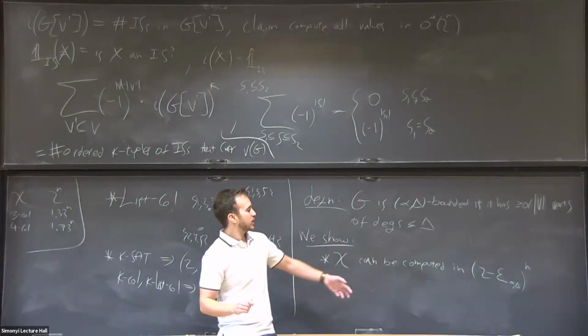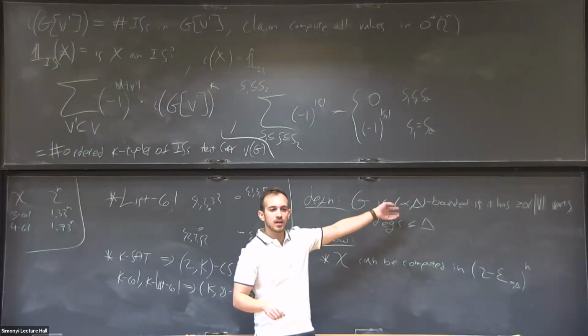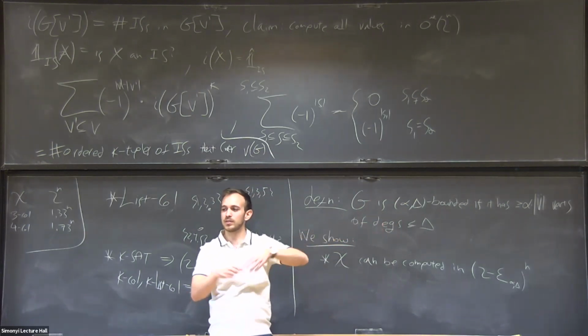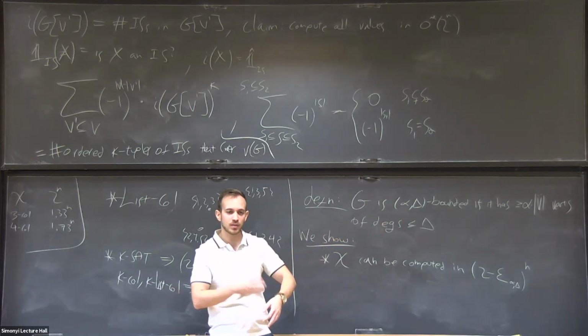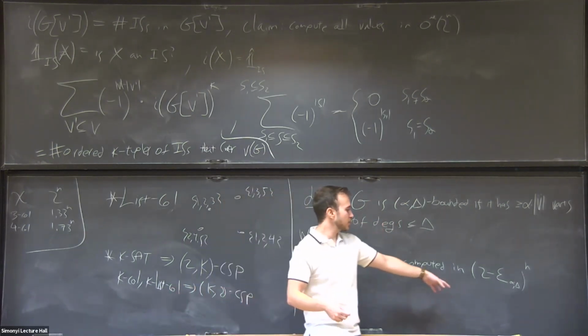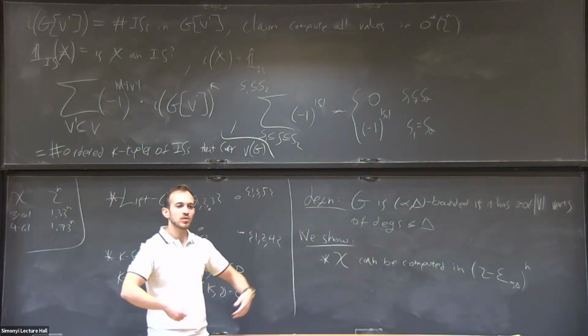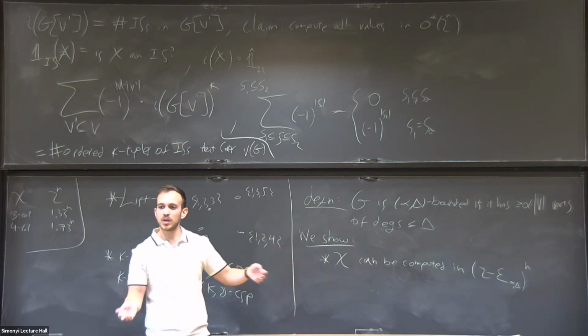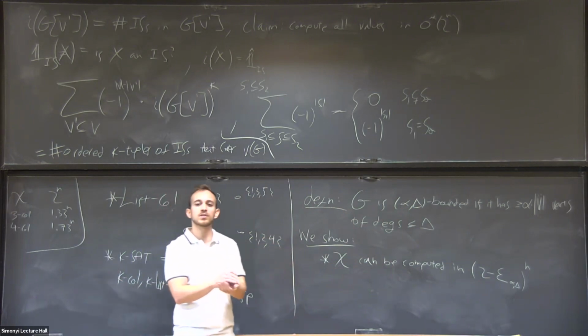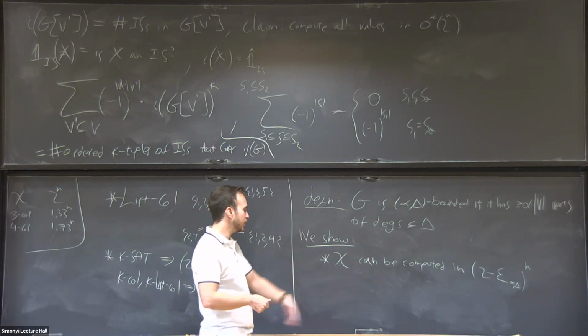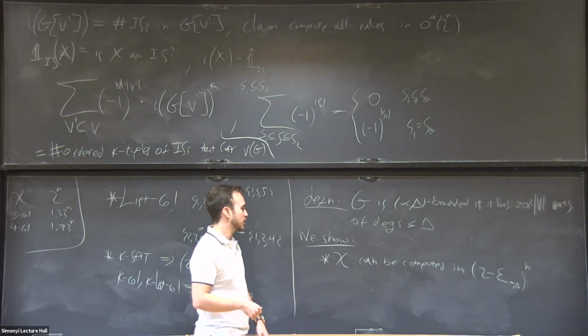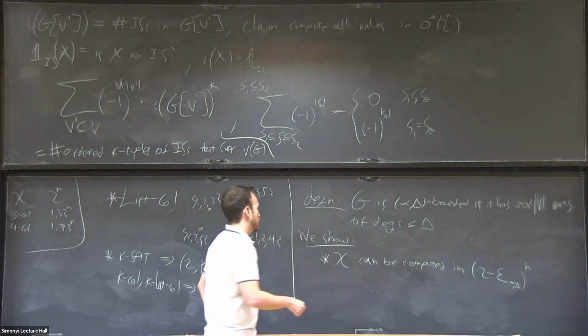So, for example, if there are any constants alpha and delta such that your graph has at least alpha fraction of vertices of degree at most delta, then you get an exponential improvement. This, for example, includes all sparse graphs, right? Because every sparse graph has a constant fraction of vertices of bounded degree, and many other families of graphs.